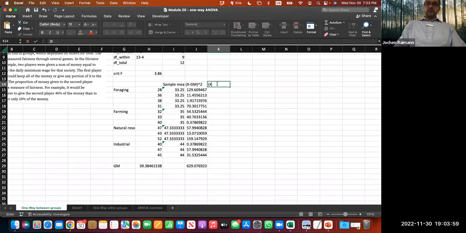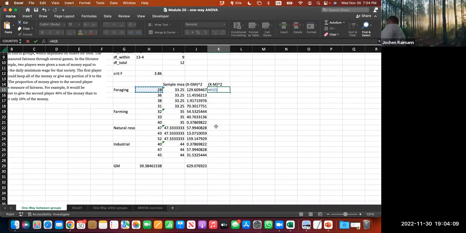So x minus m squared is now essentially what gives us our sum of squares within, because we are subtracting the sample mean of each of these groups. So for each of these scores we're calculating the difference of each individual score from the sample mean.